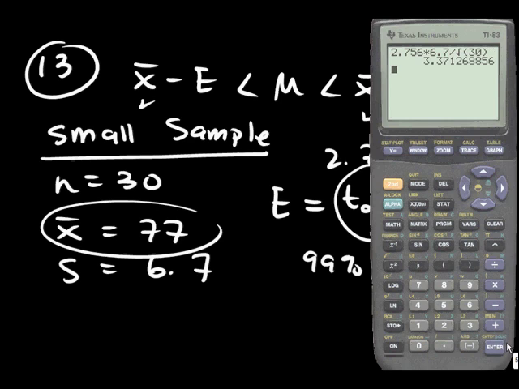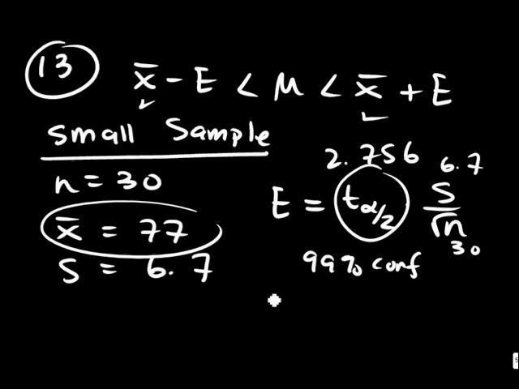We get an error of 3.371 approximated to the nearest thousandths. So the error is 3.371.